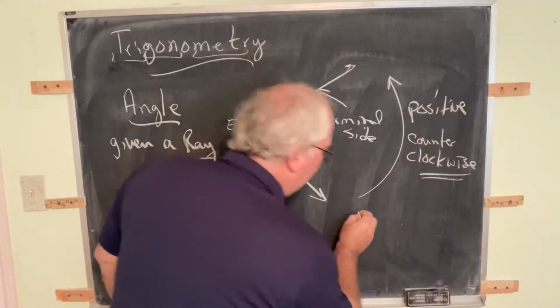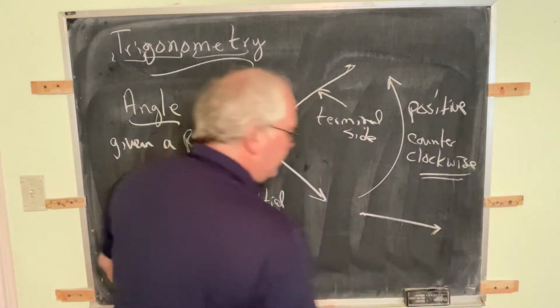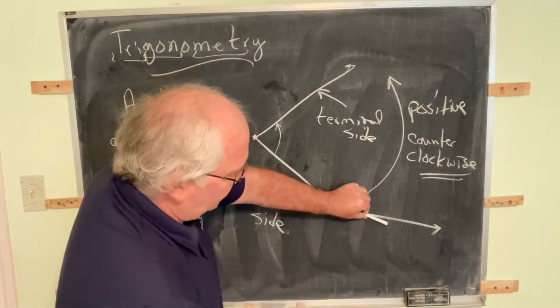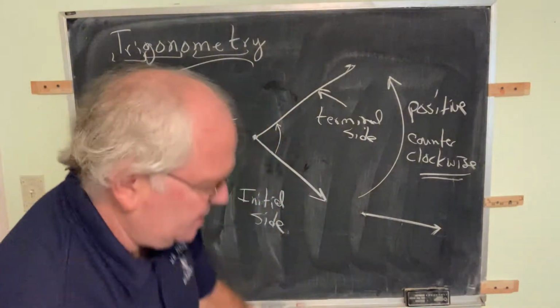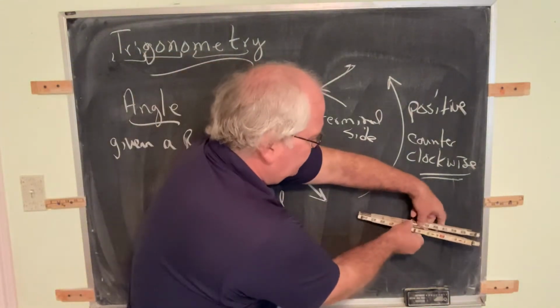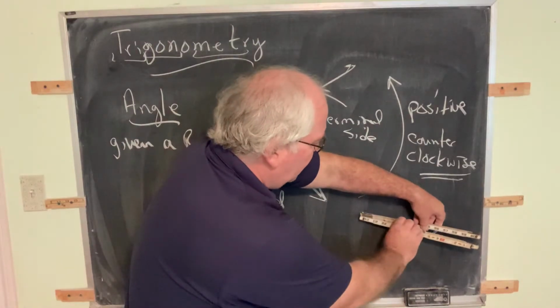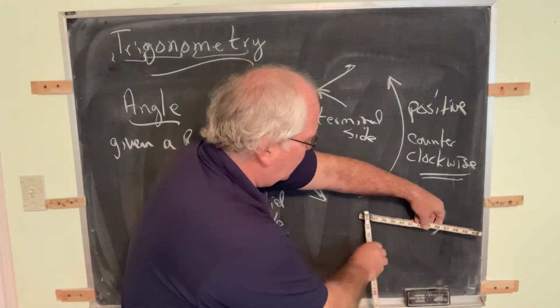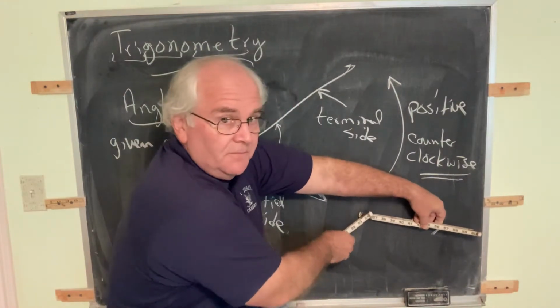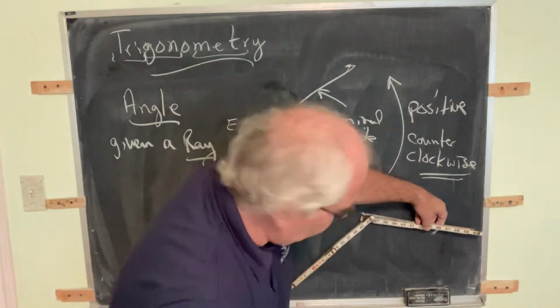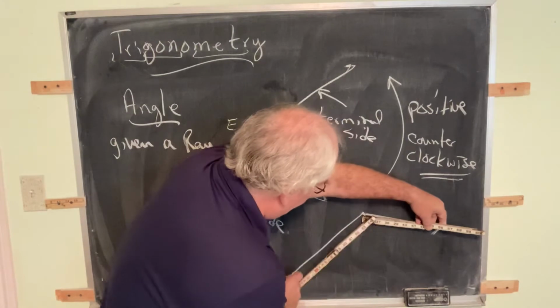On the other hand, suppose this is the initial side, and now suppose we rotate clockwise. That would look something like this. So here's the angle. So this is the initial side. Now we're going to rotate in a clockwise direction through however much we want to rotate. So this now is my angle.